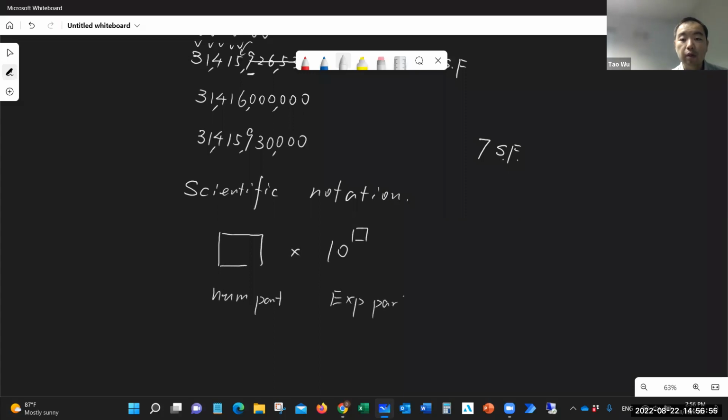The first part has to be a number that is larger than or equal to 1 and smaller than 10. So generally this number has to be between 1 and 10. And the exponential part could be a positive number or a negative number.